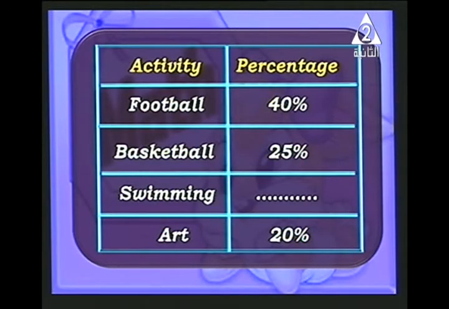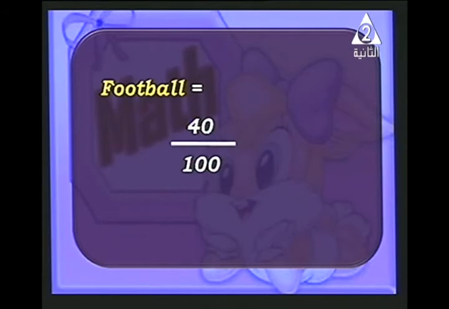Then we want to draw the pie chart. How can you draw the pie chart? First of all, find the angle which forms the football. Then football equals 40 over 100 multiplied by 360 to obtain a result of 144 degrees.